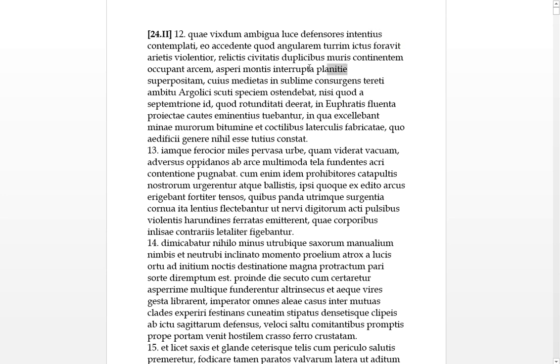Then we have in an interrupter plani, so on an uninterrupted flat ground, which is superposited, which means placed above asperi monte, the harsh side of the mountain, cuis, of which the mediatas in the middle consurged up, something surging up, in sublime means up high, terenti means worn down or polished or rounded, and ambitu here is the rounded bit in a course.